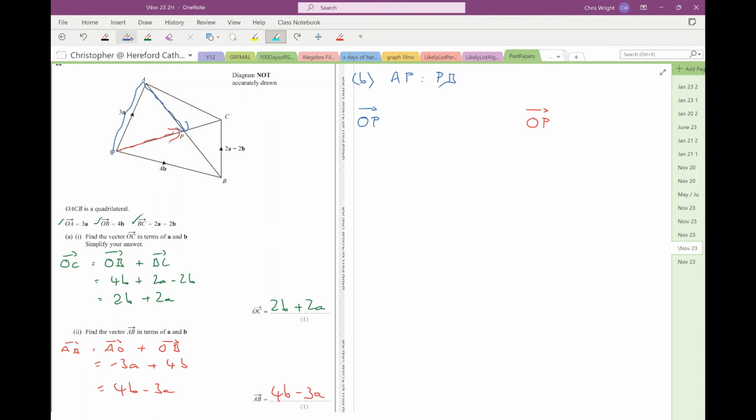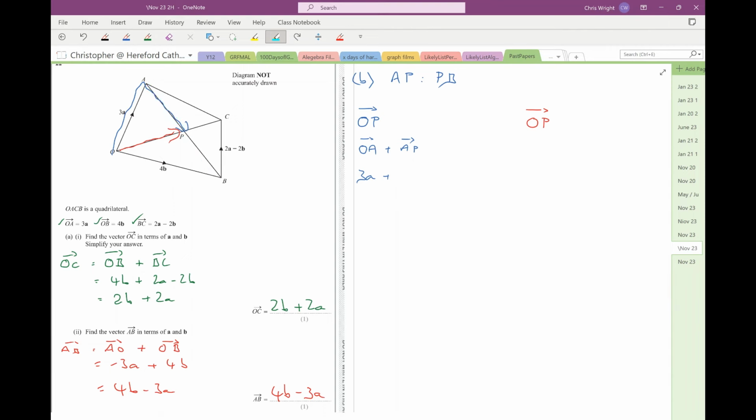Right, the blue route. OP this way is going to equal O to A plus A to P. Now I know O to A is 3A. Now A to P, well, A to P is a certain fraction of A to B. It's a certain fraction of that whole movement.